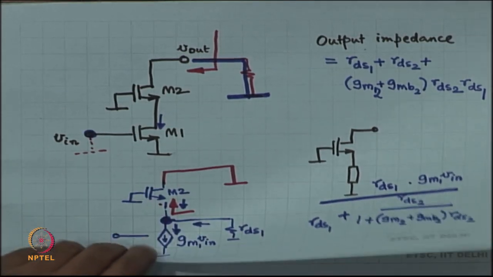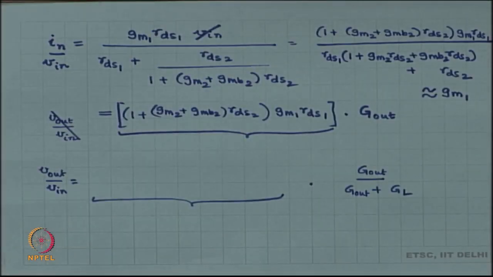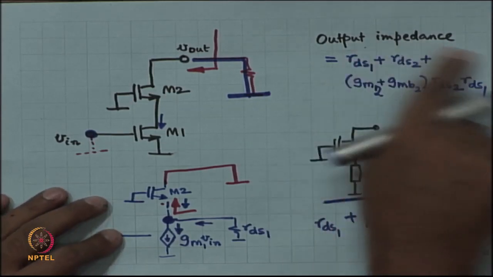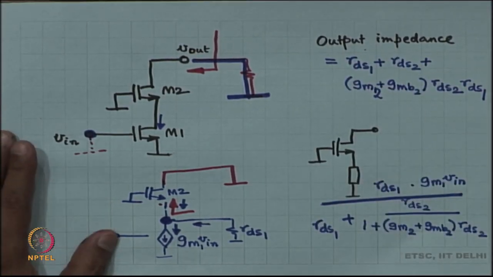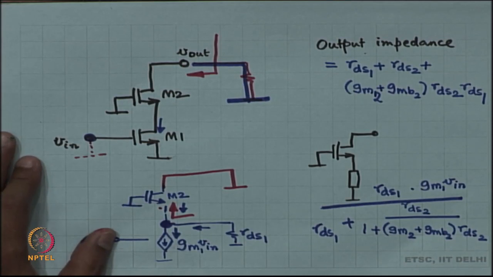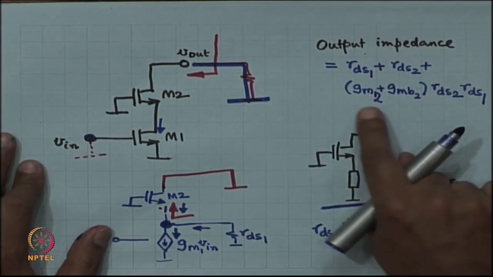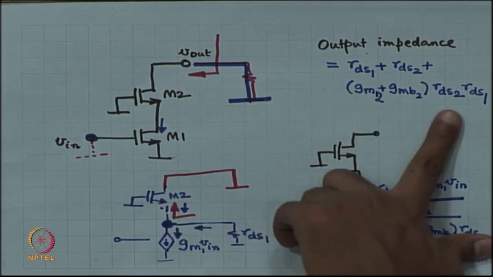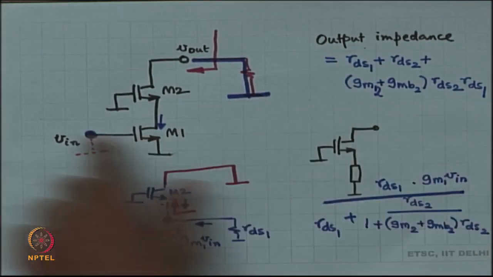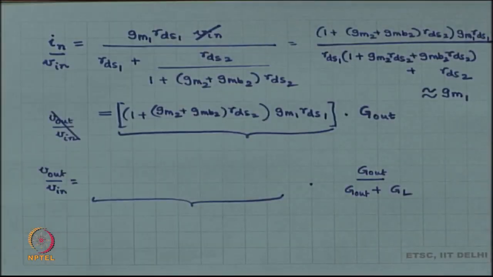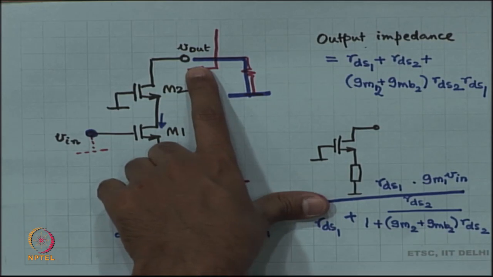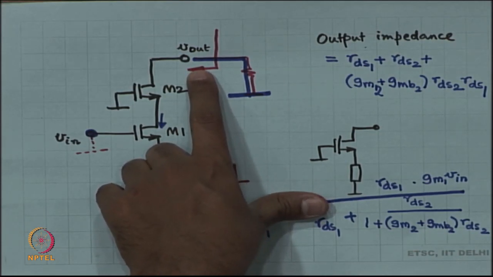Okay. Now, the other thing that happened is that the output impedance got multiplied by a large amount. The output impedance of the entire structure became 100 times. So, it is a nice current source, because its output impedance is very large.